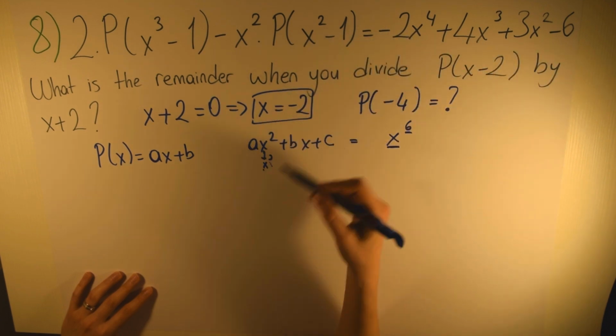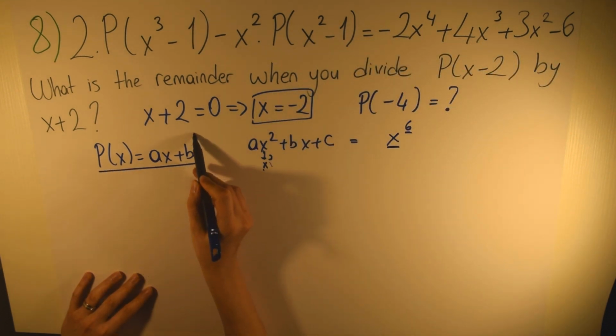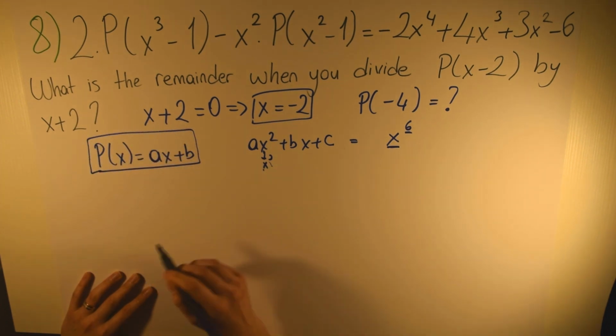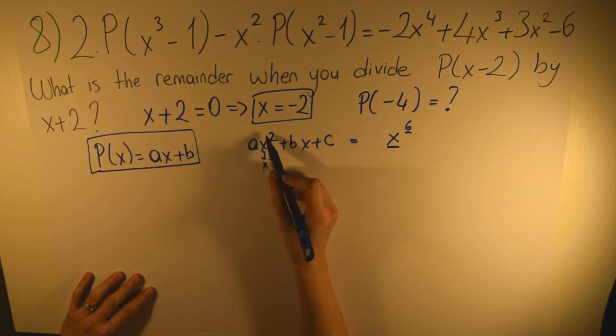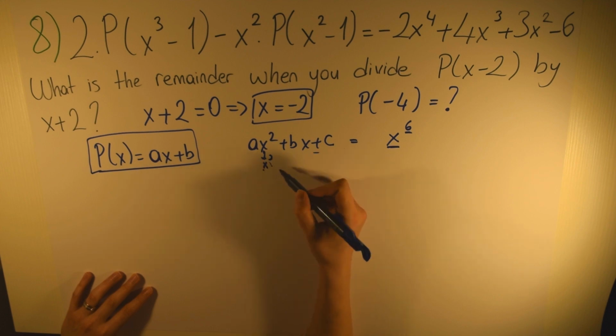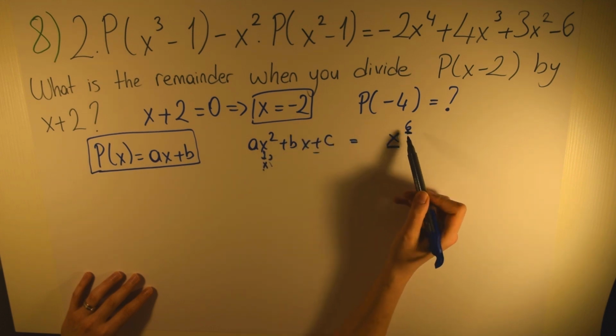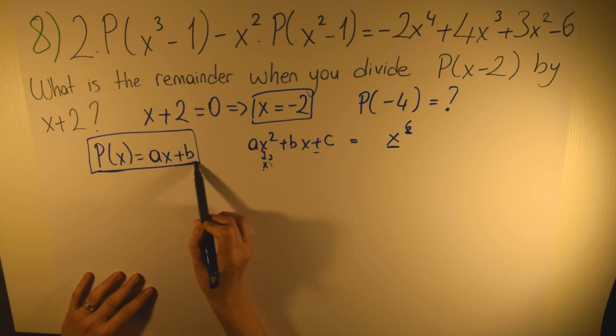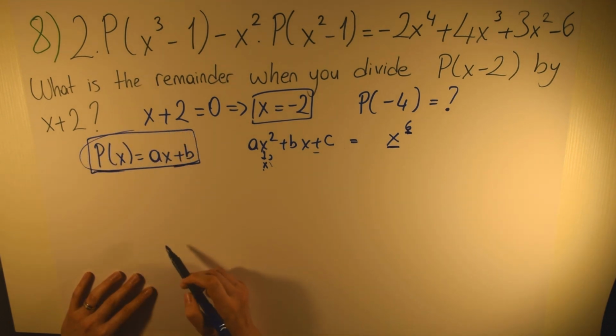That's why it has to be something like this. Every time you should try this one first. If you don't get anything regarding these exponents, just use this form of polynomials.